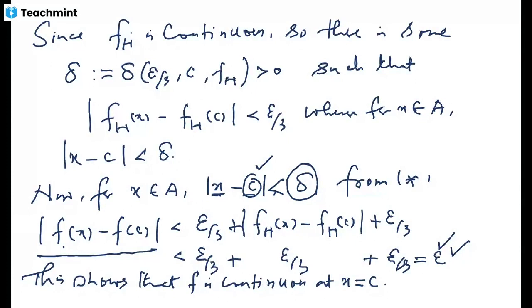And c was an arbitrary point in A, so it means that this function f is continuous at each point in A.